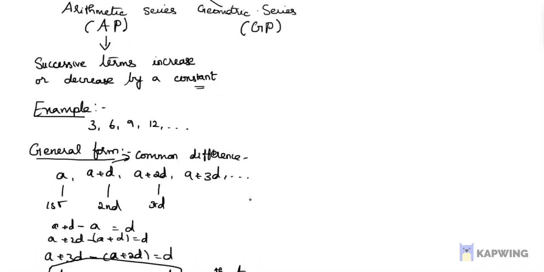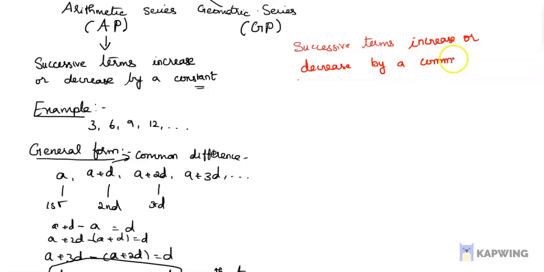Next, we will come to the geometric series. What is geometric series? Here also we are considering the difference between the successive terms. Successive terms increase or decrease. Here we are not considering the constant term or common difference; here we are considering the common factor.